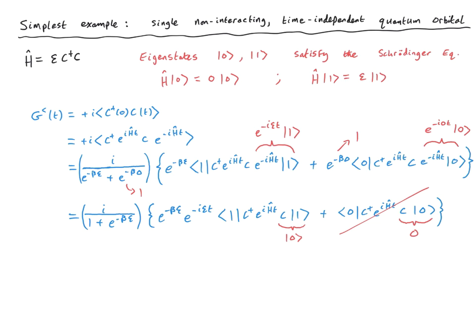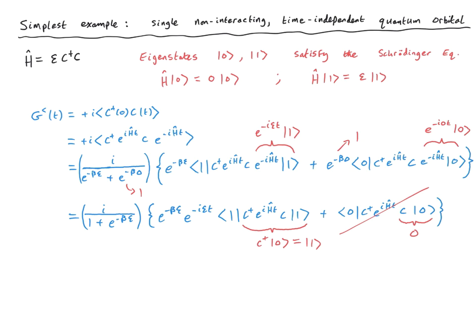Furthermore, we can then act on this 0 state by the exponential operator e to the iHt, and that will give us e to the i0t in this case. e to the i0t is of course just a factor 1. That's a number that can be commuted outside of the matrix element, which gives us overall the c dagger operator acting on the empty state, which of course gives us the occupied state.